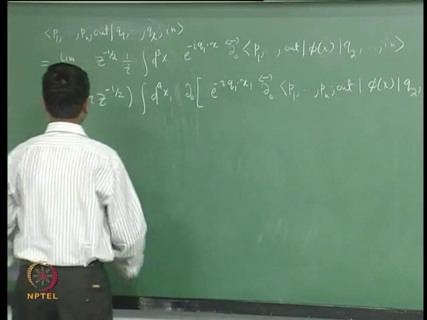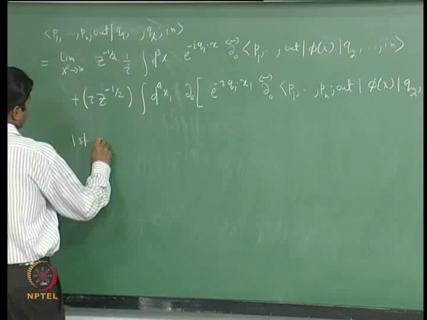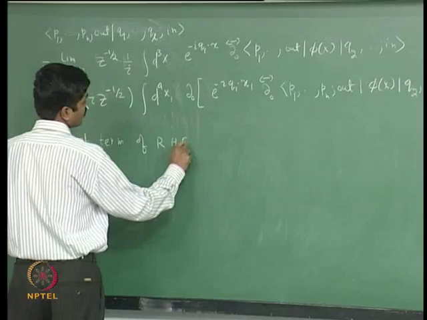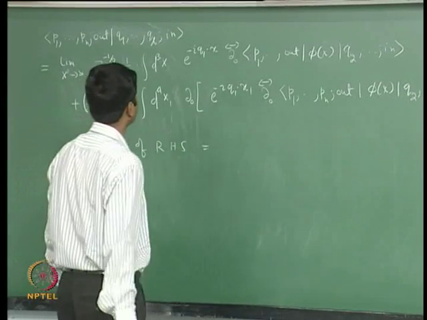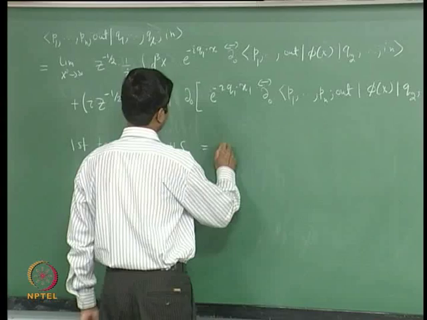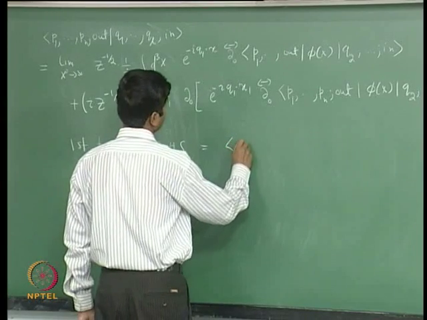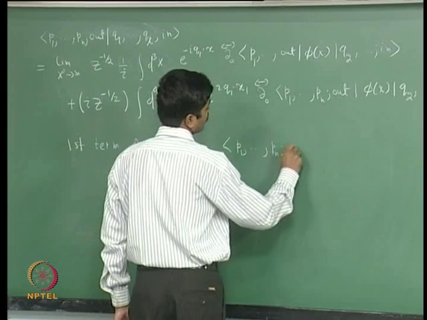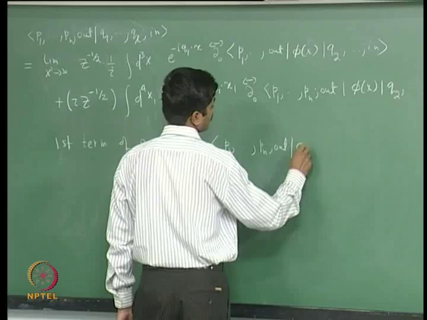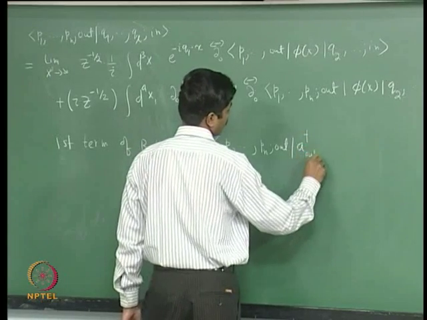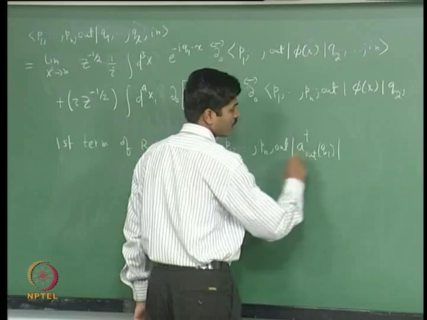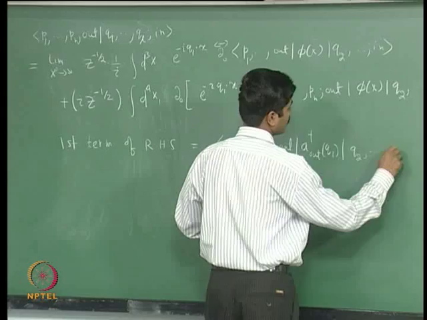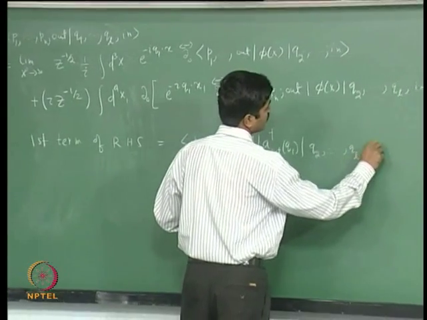So, therefore, the first term of the right hand side is simply equal to p1 up to pn out a dagger out of q1 q2 up to ql in.